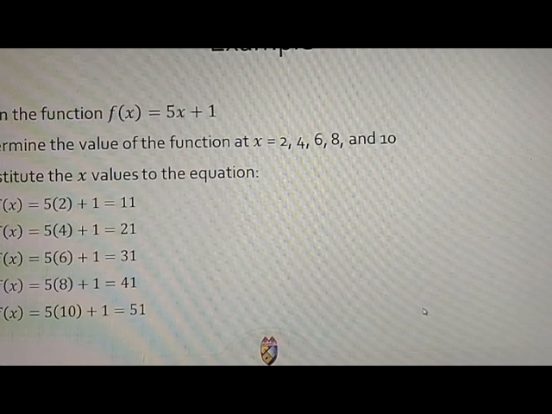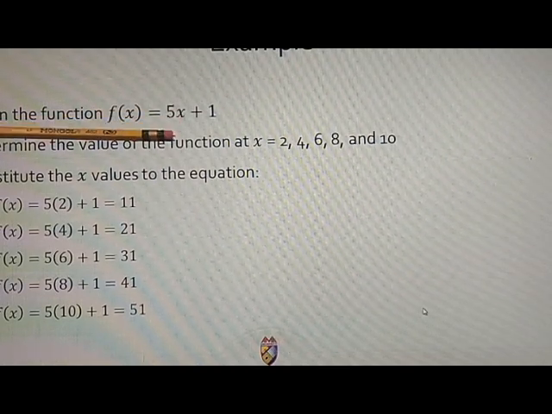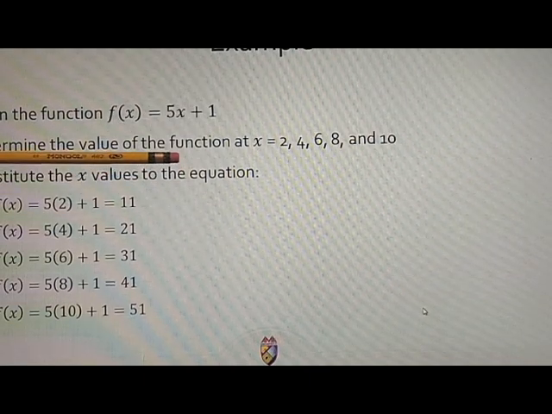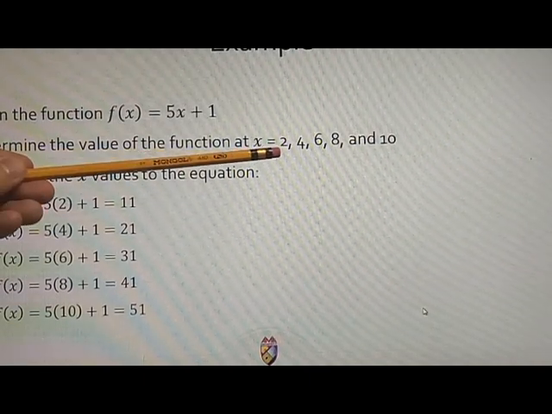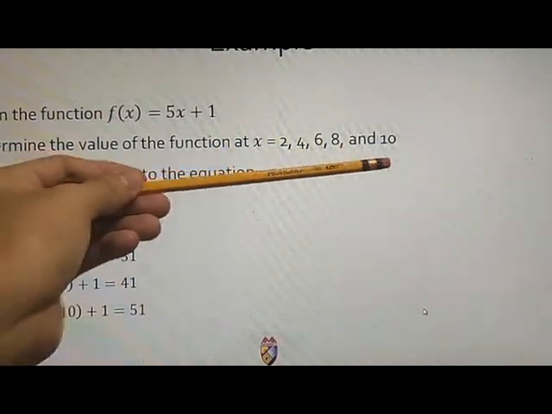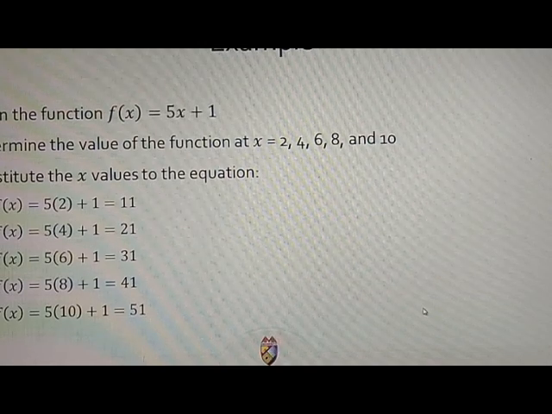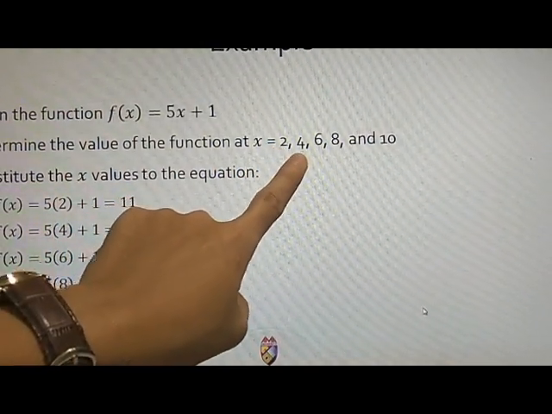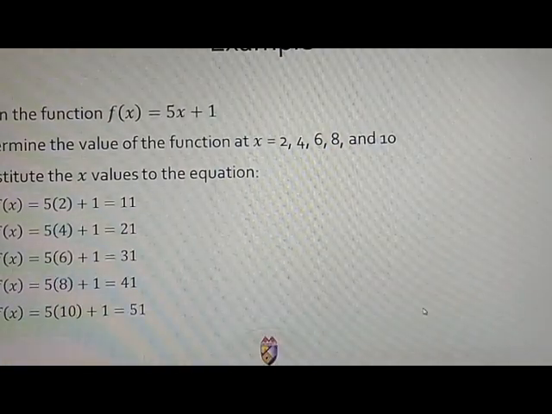So given the function f of x is equal to 5x plus 1. Ito na tayo sa mathematical equation. So determine the value of the function at x is equal to 2, 4, 6, 8, and 10.